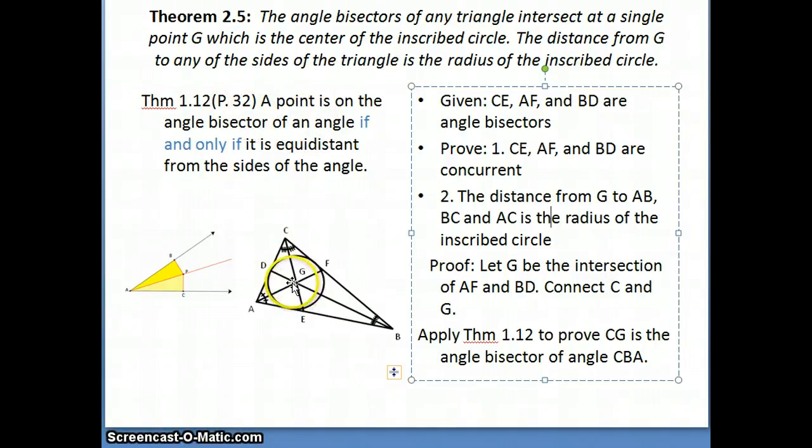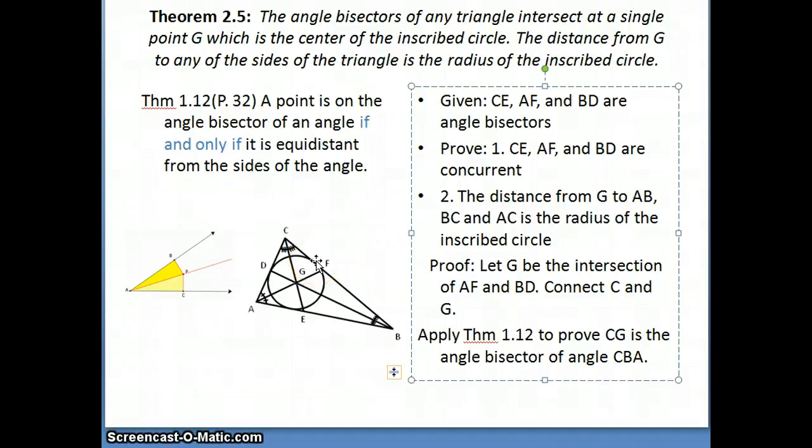So if we draw perpendicular lines, for example, we can call them GD prime and GE prime, these two must be congruent. And similarly, G is on the angle bisector of B, then GE prime and GF prime must be congruent.